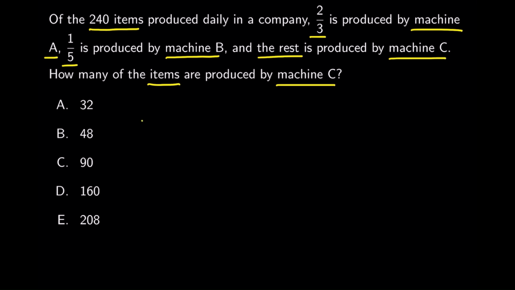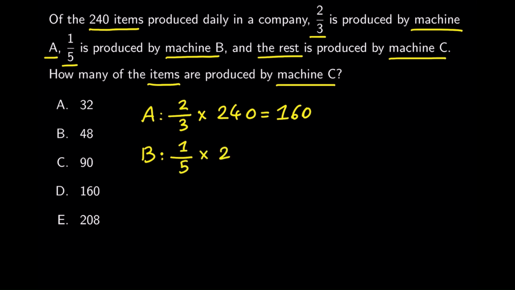Well, first we have to find the production of machine A by calculating 2/3 times 240 to get 160. And then we find the production of machine B by calculating 1/5 times 240 to get 48.